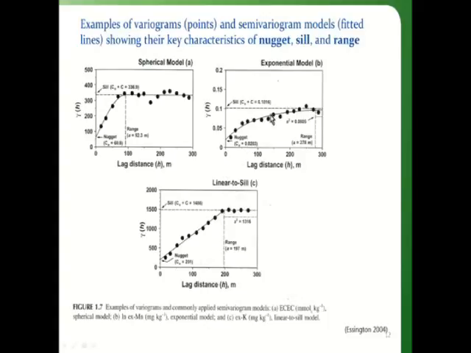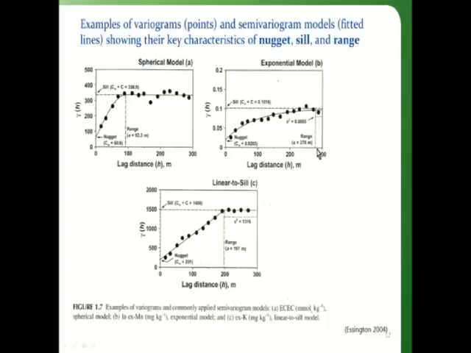In other cases, the approach is much more asymptotic than that. So we use a different type of equation, an exponential equation, to describe the change in semivariance with distance, but we can still identify those key numbers: the nugget, the variance we can't avoid, the sill, the limiting value of variance, which is equal to the sample variance, and the range.